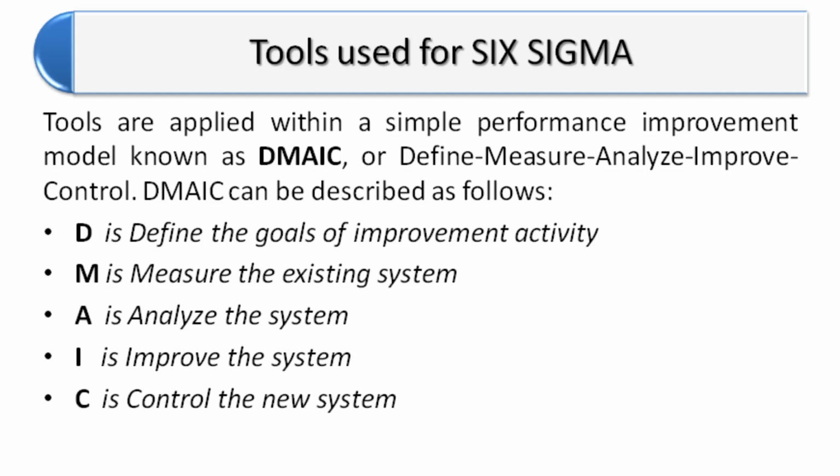Next, I stands for improve the system. That means be creative in finding new ways to do things better, cheaper or faster. You have to use project management and other planning and management tools to implement the new approach. You can use statistical methods also to validate the improvement. Next is C. C stands for control the new system.